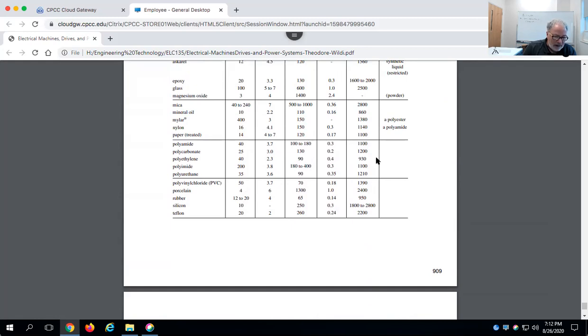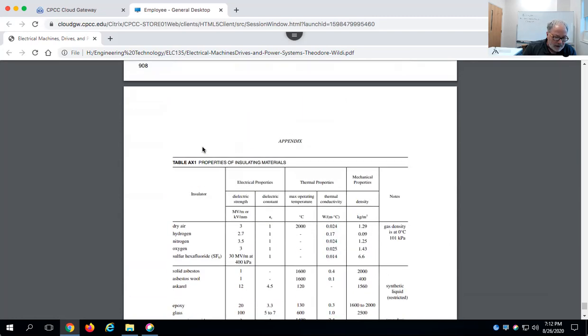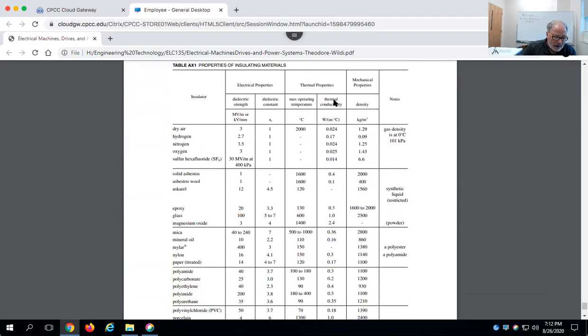But the one that he's going to reference to us, and let's see if we can make sure we know which. All right, so thermal conductivity, and let's look at the one that we're going to use in our example. Not all of these, but we're going to look at mica.